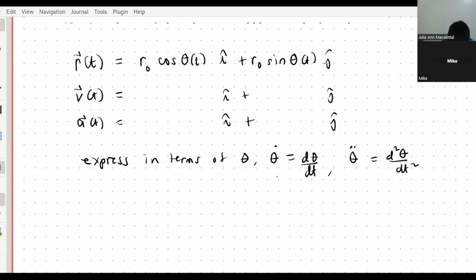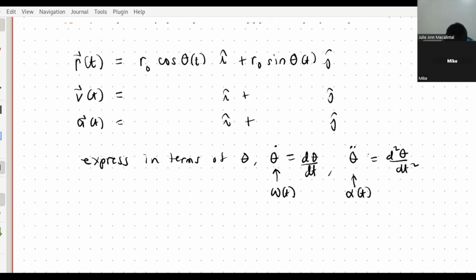Yung in other books, siguro yung theta dot, that's going to be omega as a function of time. Ito magiging alpha as a function of time. Pero mas preferred ko yung theta dot at saka theta double dot kasi yan yung makikita mo at a later time.